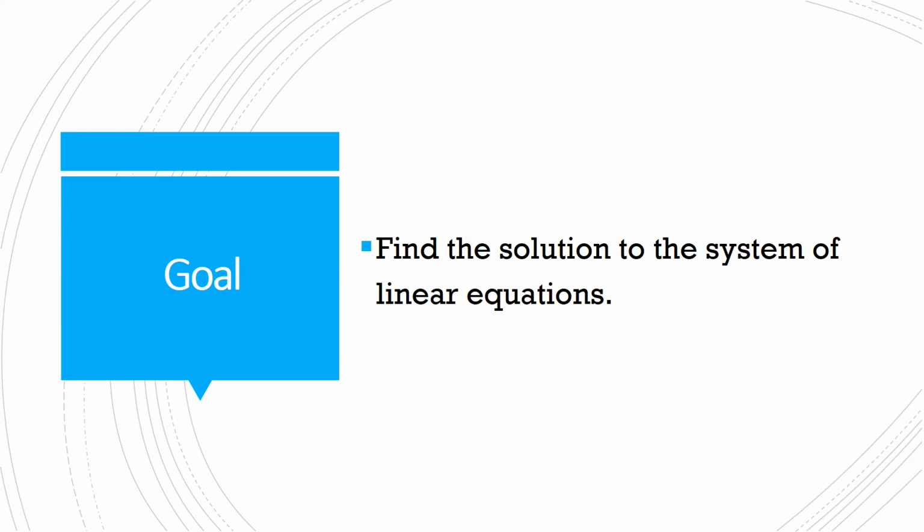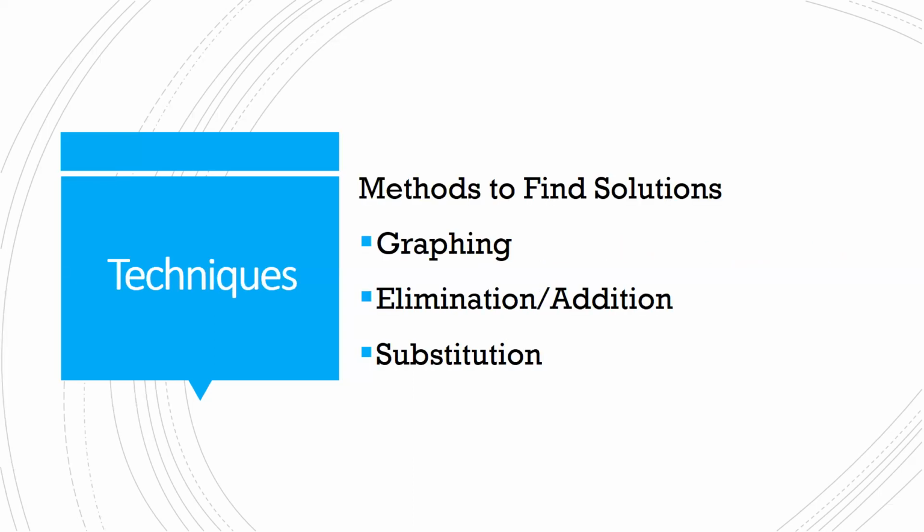And so now that we know what a solution to a system of linear equations is, the goal is going to be to find the solution that we want. Find that solution to the system of linear equations. And in the next few videos, we'll look at a few ways to do that. We'll look at a few techniques of how to find those solutions.